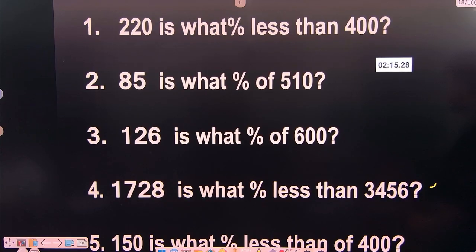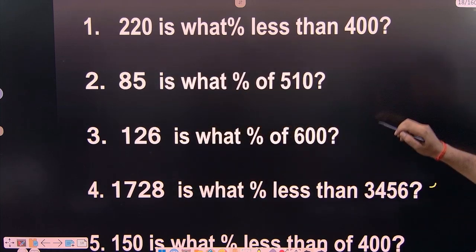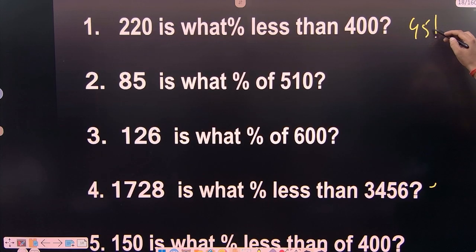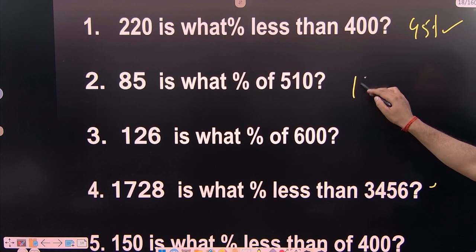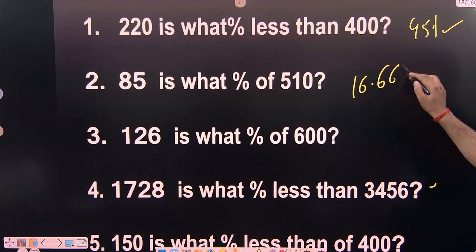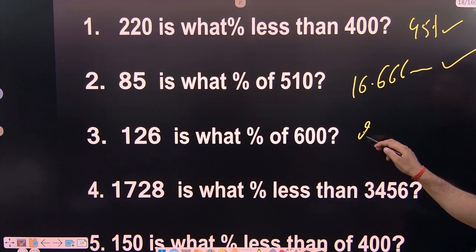So the answer of the first question is 45. Amazing, guys. You are doing well. You are the best student I have ever seen in my life. So 40%, 45. Very nice. And the answer of the second one? 16.6%. Okay, very nice. And 21%. Amazing.